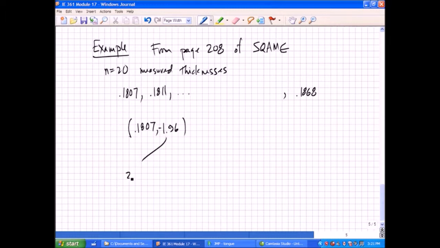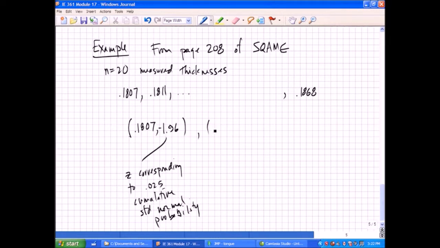So this is z corresponding to 0.025 cumulative standard normal probability. That's the first point I'm going to plot.